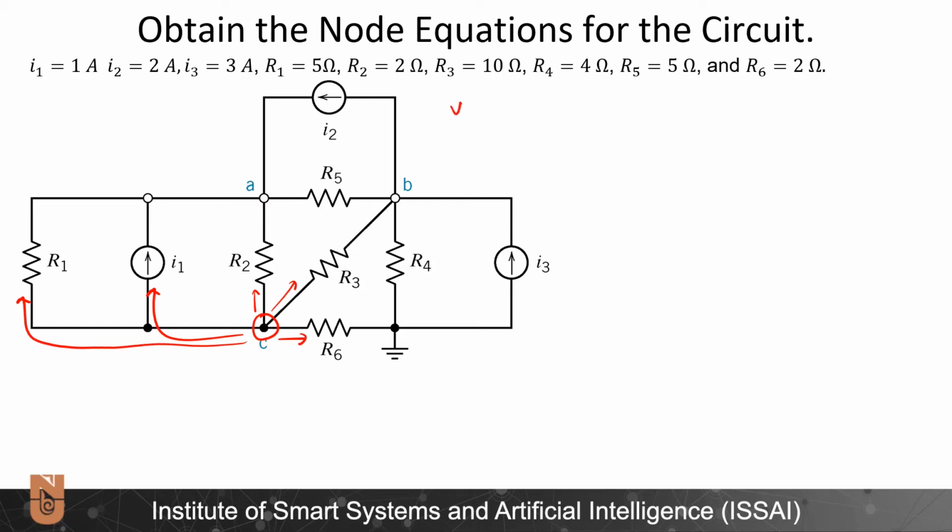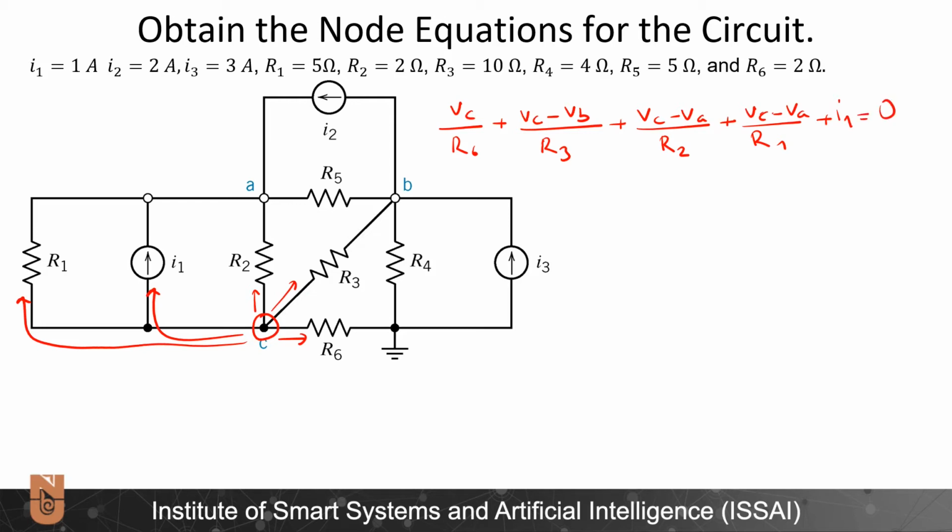VC over R6 plus VC minus VB divided by R3 plus VC minus VA divided by R2 plus VC minus VA divided by R1 plus I1 is equal to 0.